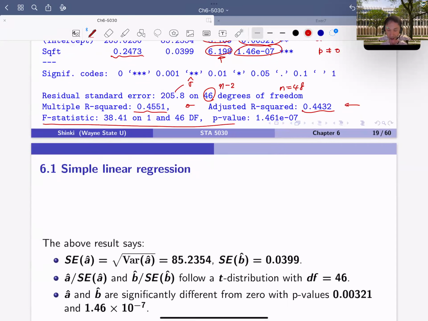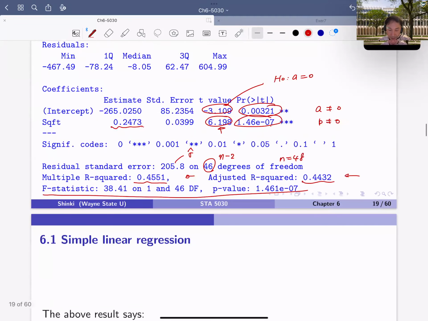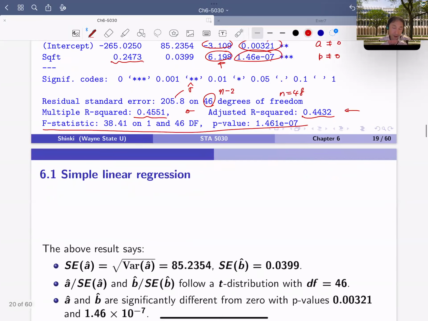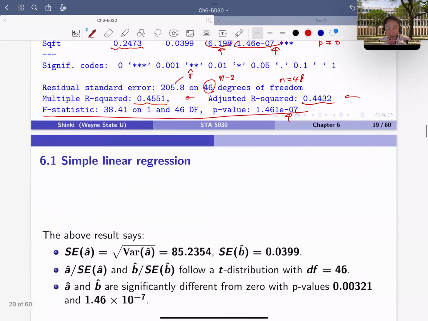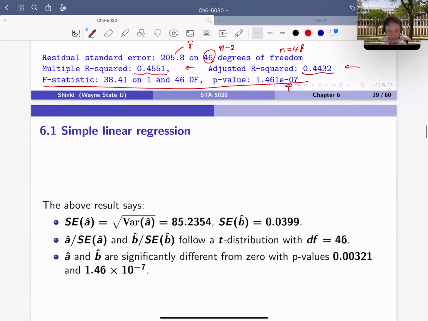And this is the significance of the entire linear model, basically intercept and the slope combined. Sorry, I'm wrong. So this basically tests the same thing as this, and actually we have the same p-value. Maybe we will discuss later how this is useful.